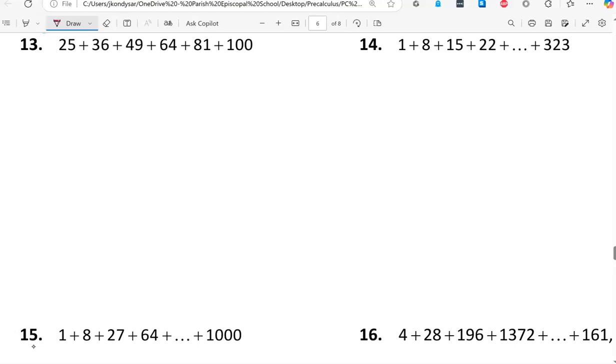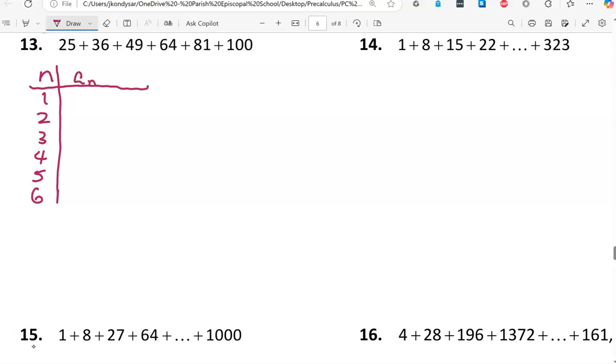In number 13, this is a series that is neither geometric nor arithmetic, but you will recognize that each term of the series is a perfect square. So we can approach this with a table, and I can let n equal 1 through 6, since there are 6 terms.